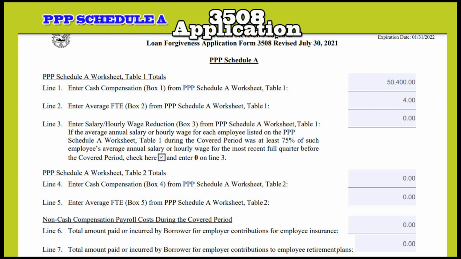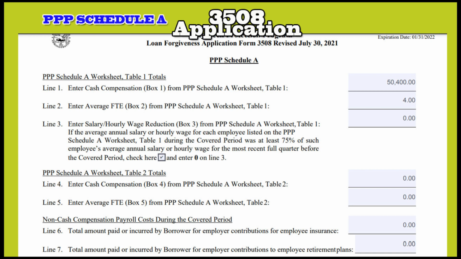Now, the PPP Schedule A worksheet table 2 is where you would enter your highest paid, highest compensated employees, okay? We did not have any because we are a small business. So line 4, just like you did in the first section, you would tally up all of your highest paid employees and enter that there in the FTE as well. We do not have any, so we will be entering 0.